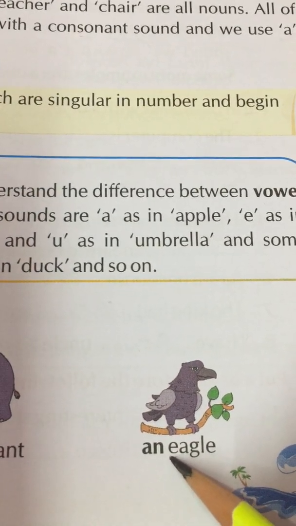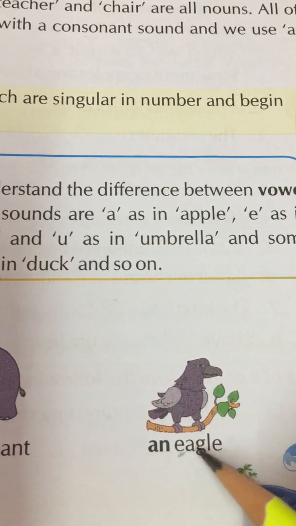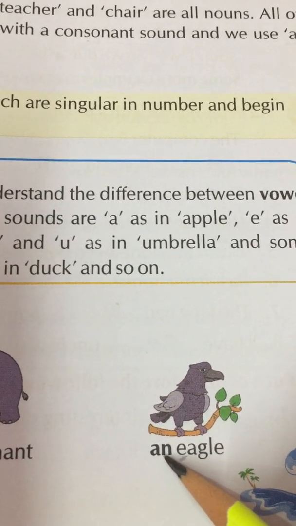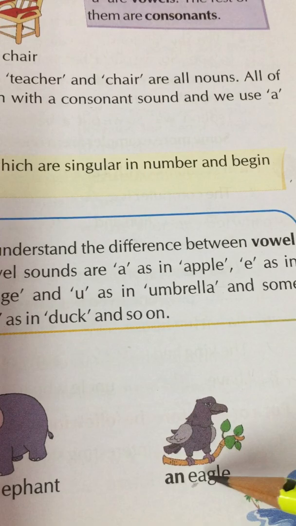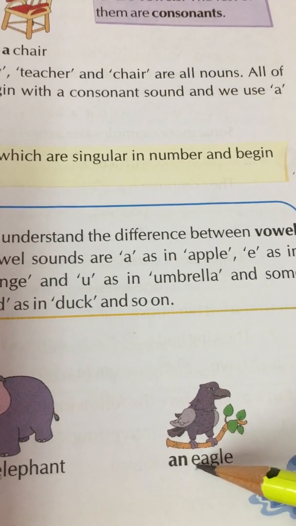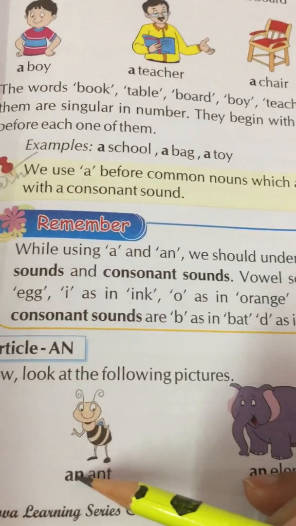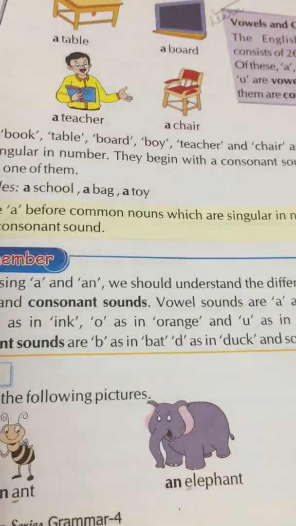Eagle, again, is a vowel. The first letter of this word is a vowel, so we will use an before it. Now we have to be very careful with the sound. It should also have a vowel sound. Only then can we add an before it.